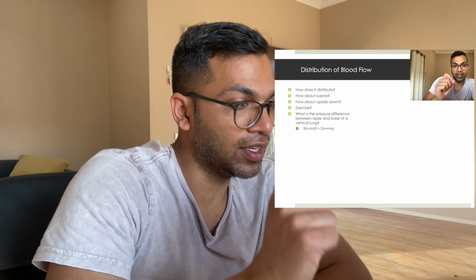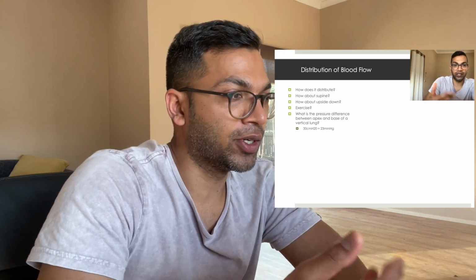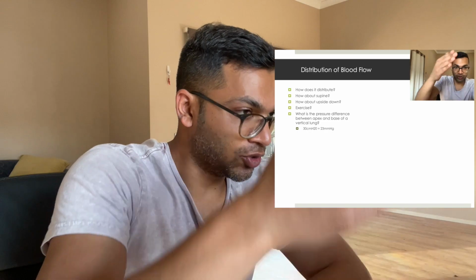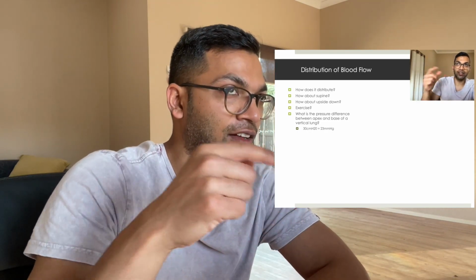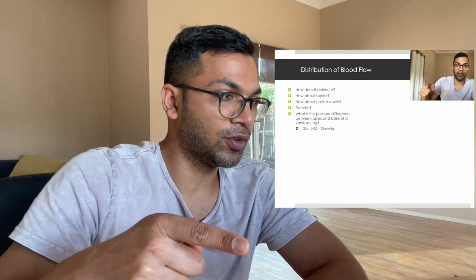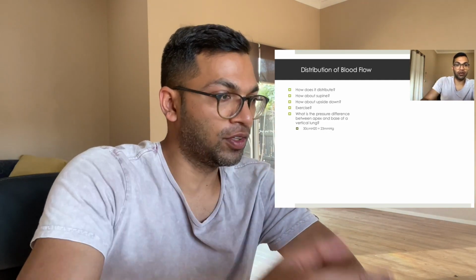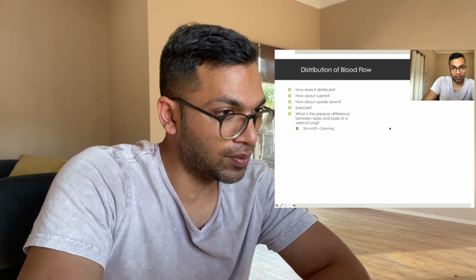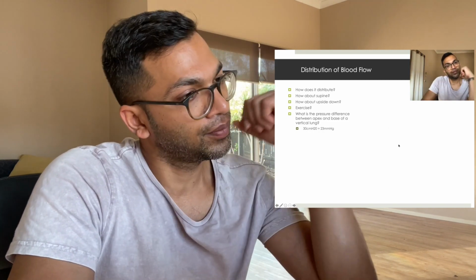Your answer is right, and the quick way to say that is because arterial pressure increases due to gravity. If it's the arterial alveolar pressure difference, alveolar pressure stays the same, arterial pressure increases due to gravity as you go down, therefore your flow increases. That's good. Keep going. What's West Zone 3?